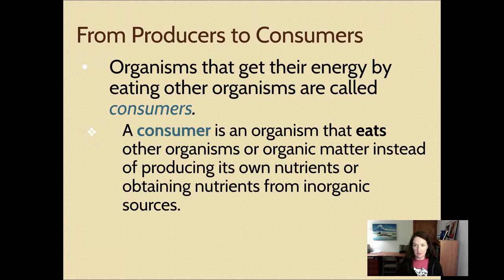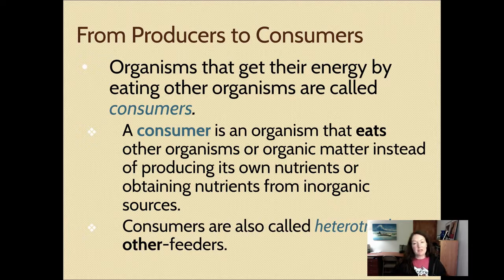So that's the root of the word consumer. There's another word for consumer you may have learned in biology class, heterotroph, or other feeders, meaning they feed on others, either the producers or other consumers. So we cannot make our own food. We have to consume others in order to maintain all of our cell functions.